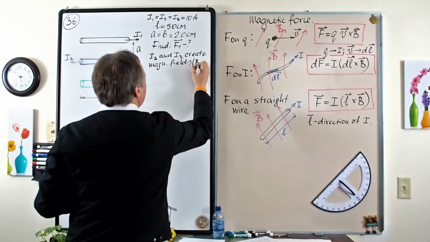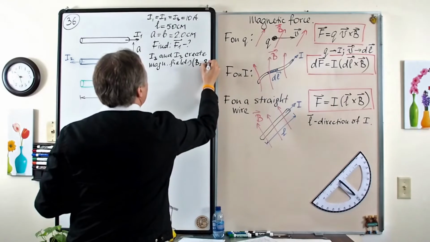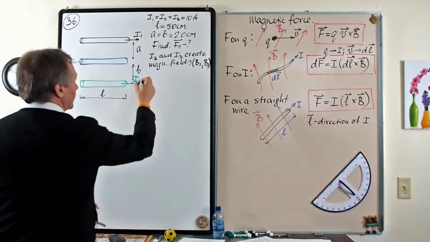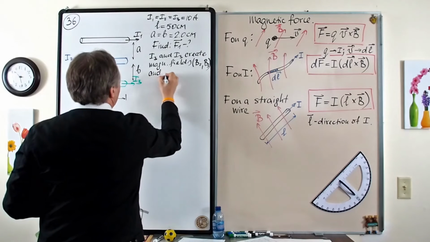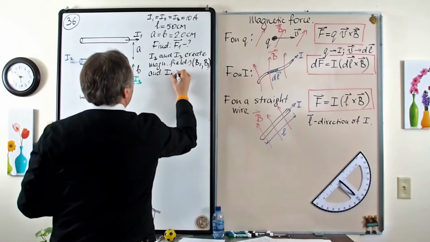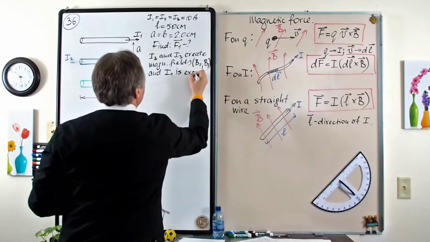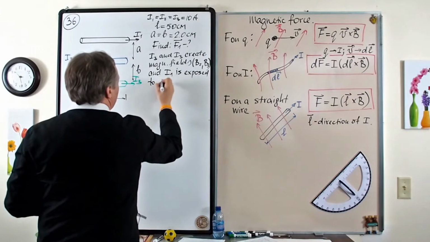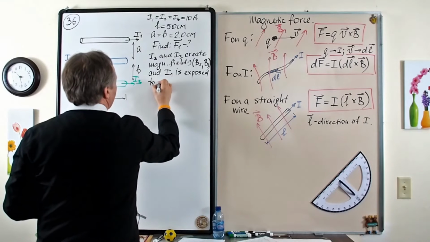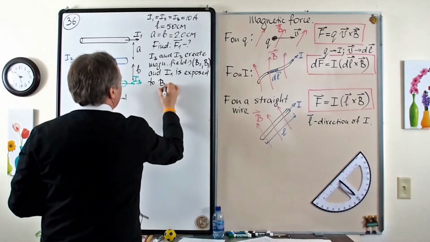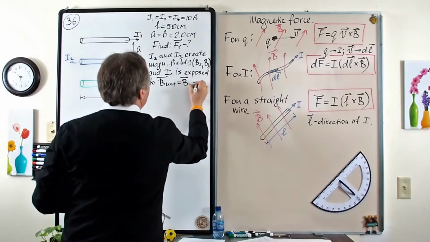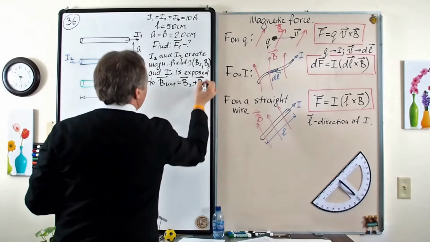Let me write B2 and B3, and then I1 will be exposed to that net magnetic field. I1 is exposed to that B net, which is B2 plus B3, right?